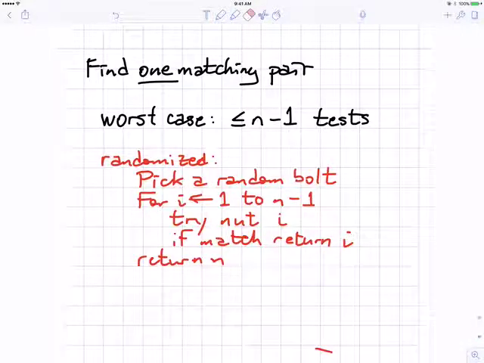So the randomness that I'm going to put into the algorithm is in the first line. I'm going to roll an n-sided die, and that tells me which bolt to pick up. In practice, I throw the bolts into a bag, I shake it, I hold it behind my head, and stand on one foot, pull it out with my non-dominant hand.